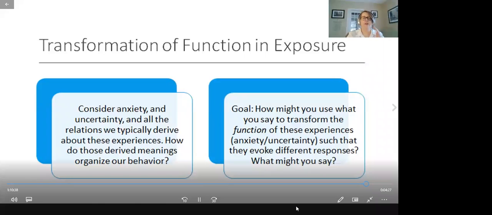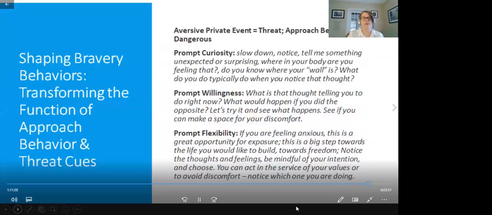How do those organize our behavior, right? If we think anxiety is negative, how does that organize our behavior? If we think about it as information, how does that organize our behavior? So you want to think about what you might say to transform the function of some of these experiences such that they evoke approach and discovery and flexibility and curiosity and willingness instead of avoidance.